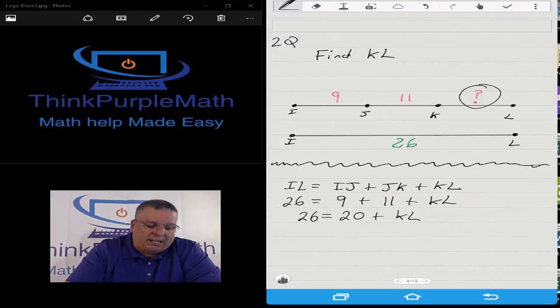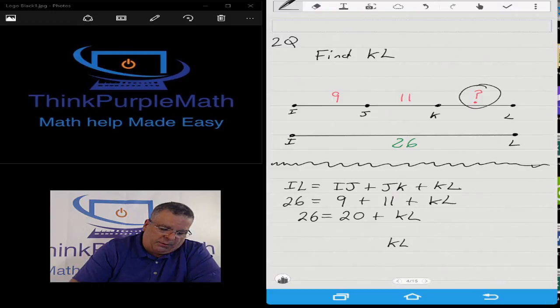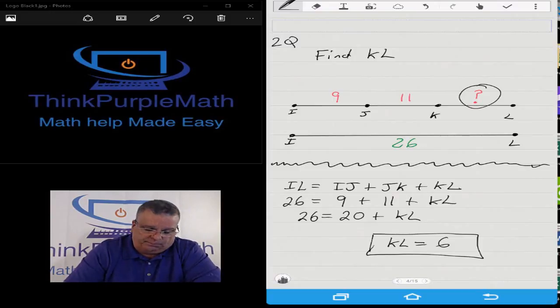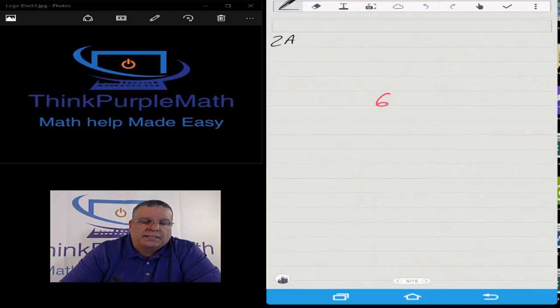So 20 plus KL is 26. We're going to use mental math, and we see that KL is equal to 6 units long. There is no unit of measure there, but we understand that it's 6 for this case.